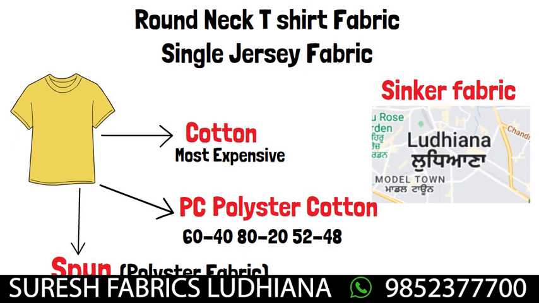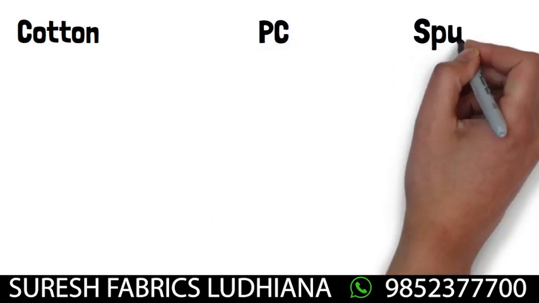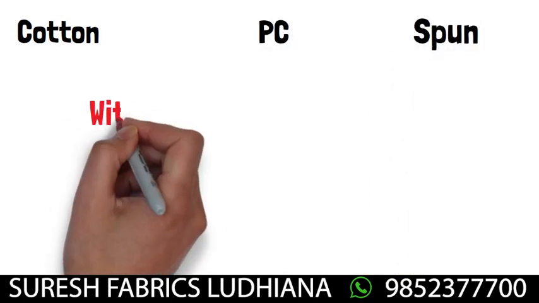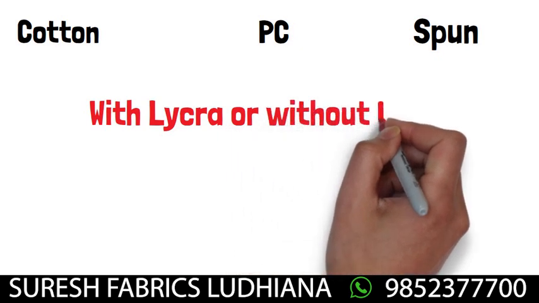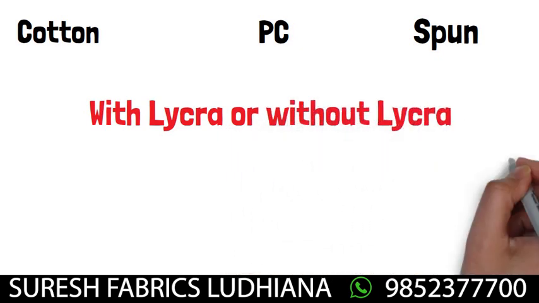So within the single jersey rounded t-shirt fabric, I have bifurcated into three different parts. Now again, within cotton, PC, and spun, you want it with lycra or without lycra?